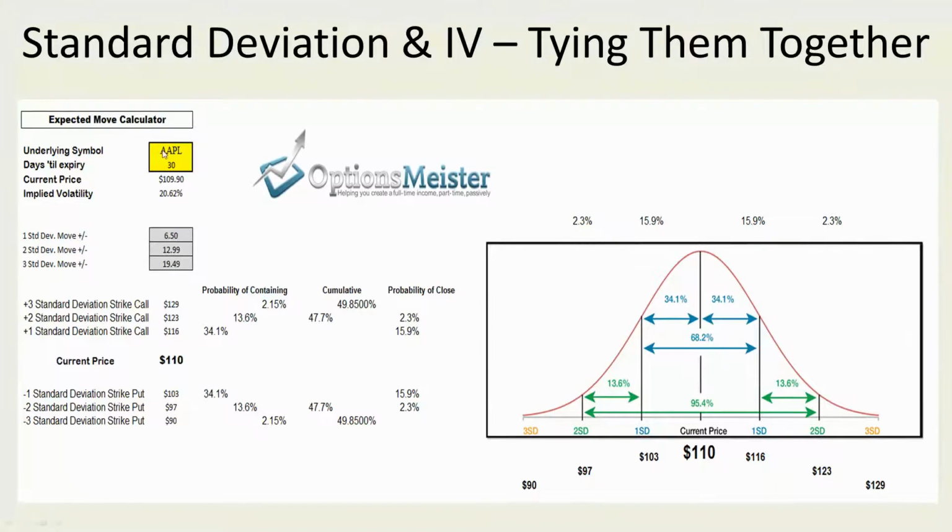As you change the symbol and the days to expiry, with thinkorswim loaded up, it's going to pick up the price, and you'll look right over here in the bell curve area where I'm circling. You'll be able to see those prices change. I fanned them out at the bottom just to make them stand out a bit more. I didn't put it in the resources yet, but I will.